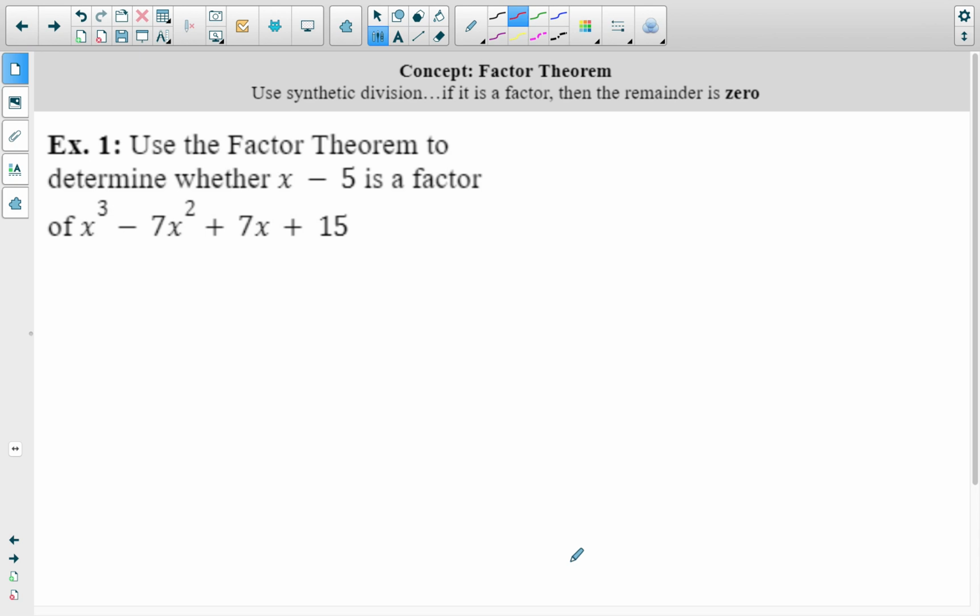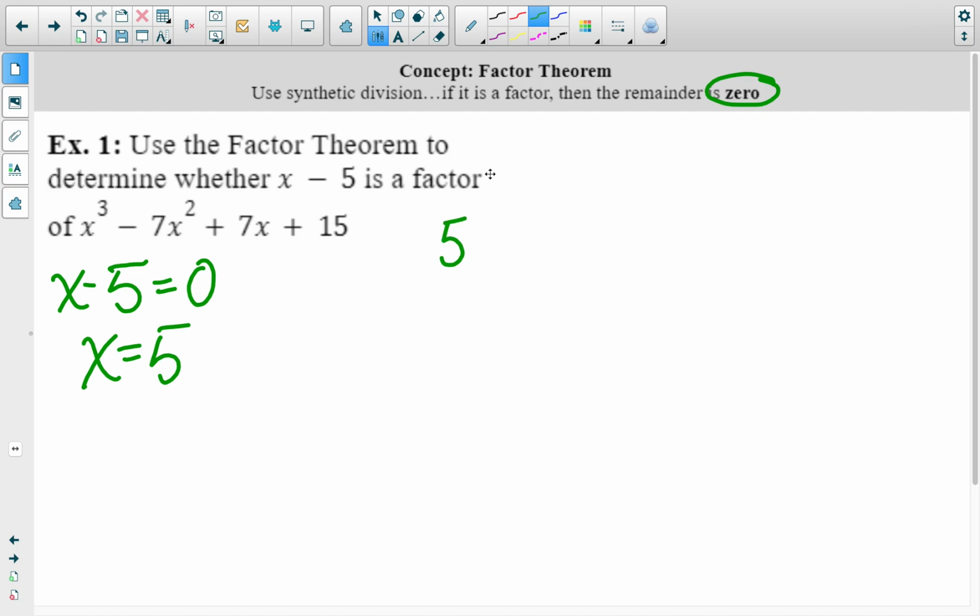Okay, other part of this lesson, factor theorem. So again, we're working with synthetic division. The premise is that if whatever we're dividing by is a factor, then the remainder is going to be 0, right? So use the factor theorem to determine whether x minus 5 is a factor of this polynomial. Okay, so if we take x minus 5, set it equal to 0, that corresponds to x equaling 5.